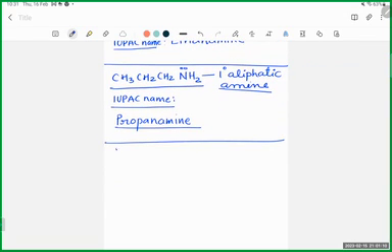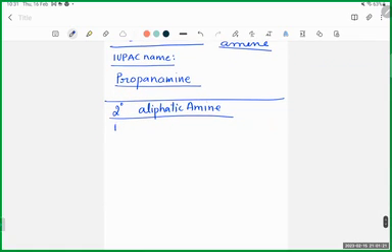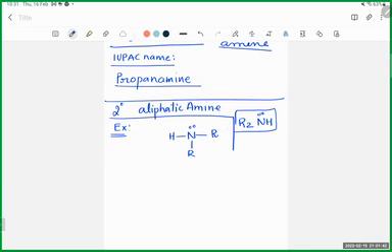Let's do 2 degree aliphatic amine. What will be the IUPAC rule and how do they look? For the example, you will first see the general formula. We have seen that nitrogen in the center holds one hydrogen but contains two R with it, right? It means R2NH. This is the formula, right?